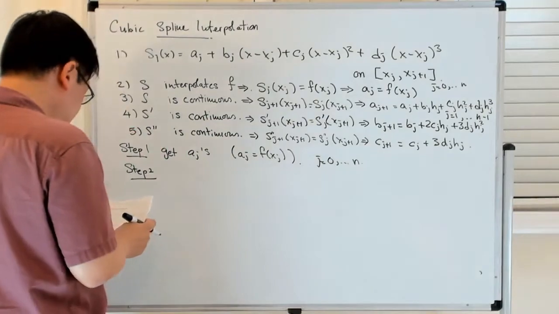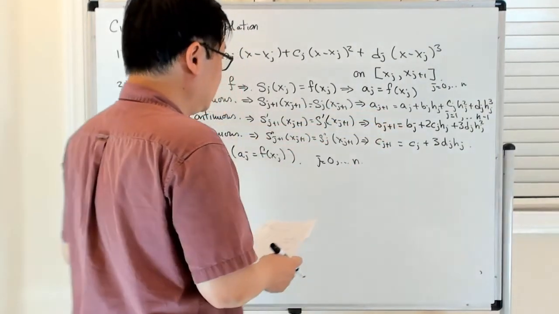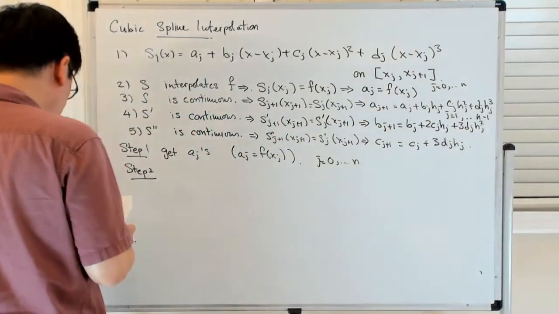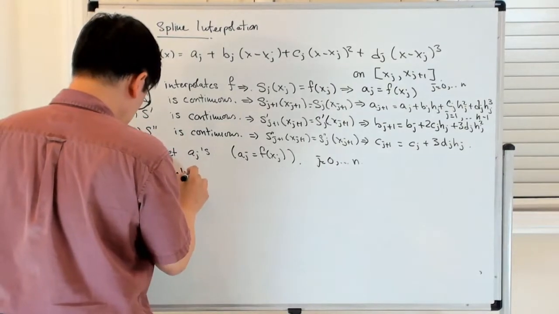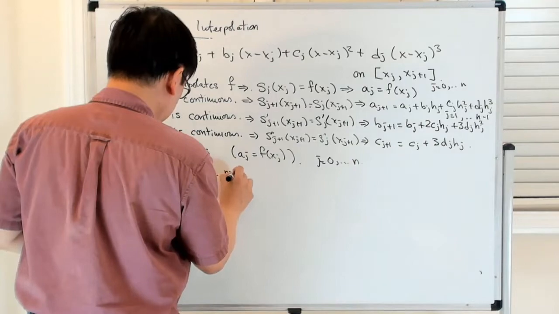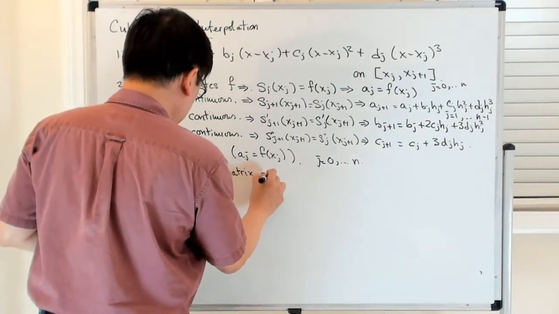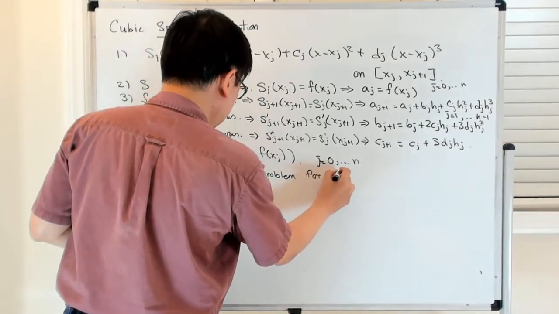It turns out that you can use all these equations to write down some sort of expression in terms of the c_j's. So you solve the matrix problem for the c_j's.